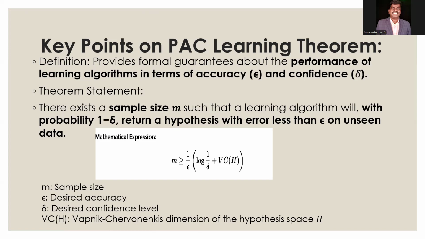When you see how the mathematical expression is written, m is the sample size, epsilon is the error rate, which should be minimal, and delta is a probability value. Then there is the Vapnik-Chervonenkis dimension of the hypothesis space, that is VC of H. So in that hypothesis space H, this is how the dimension works.